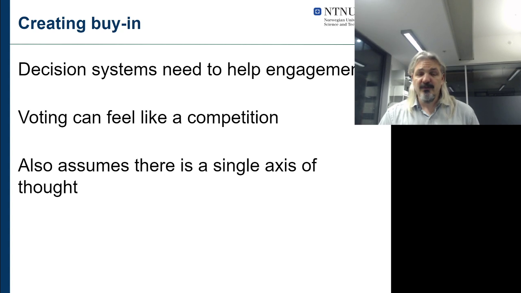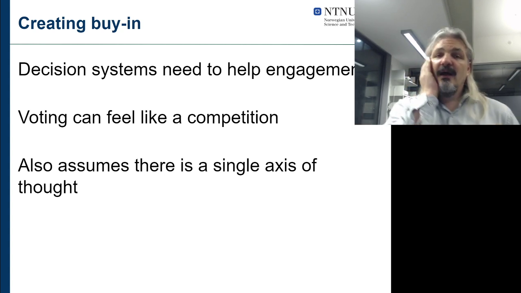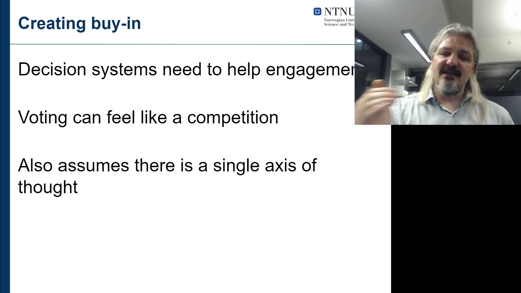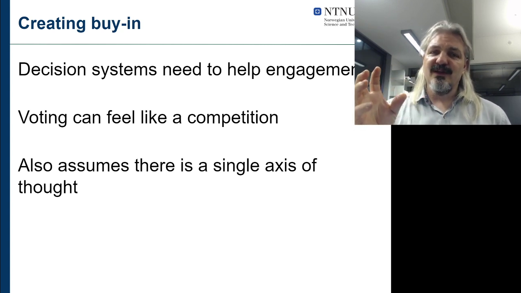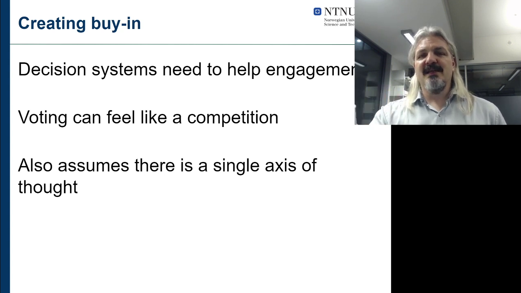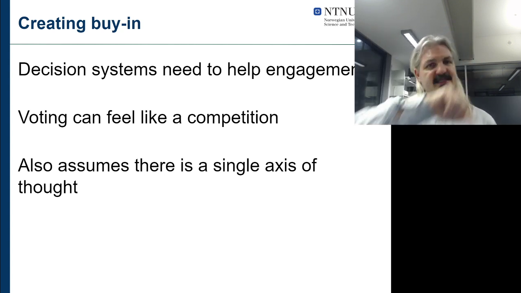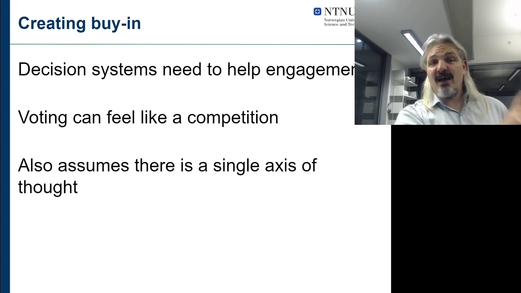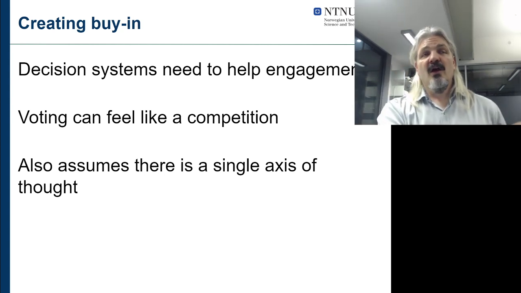It also assumes, if you have a voting, that it tends to think that there's a single axis of ideas and of thought, so that you have the winner. And the answer is, well, that might be the best option given these constraints, but if the world changes or we have a different constraint come in, a different plan may have actually been the most important thing to do.